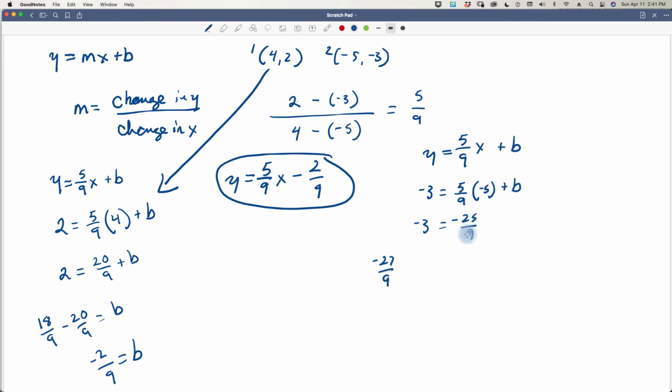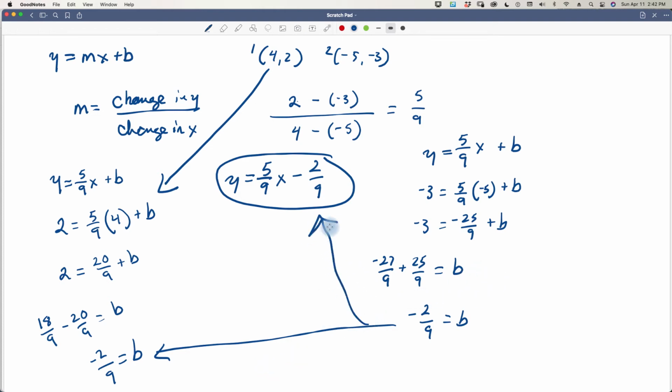And if we add 25 over 9 to both sides, then we're left with -2 over 9 equals b, which is the same thing we got when we used the first point. So this is still correct.